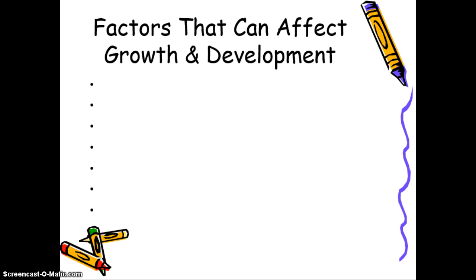So factors that can affect growth and development, different things that you could think of. There's lots and lots of different things. So genetics, the environment, culture, nutrition, health status, family members, parental attitudes, child rearing philosophies, socioeconomics, stress and coping, mass media.